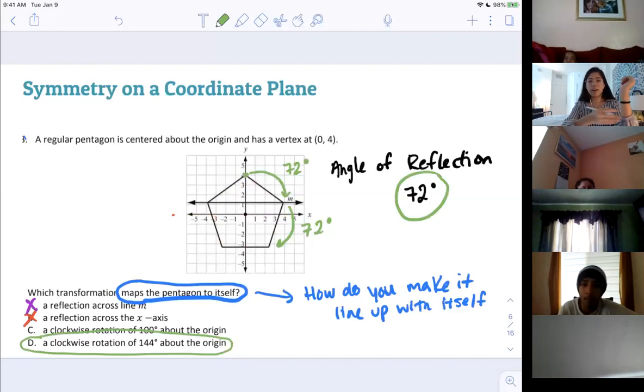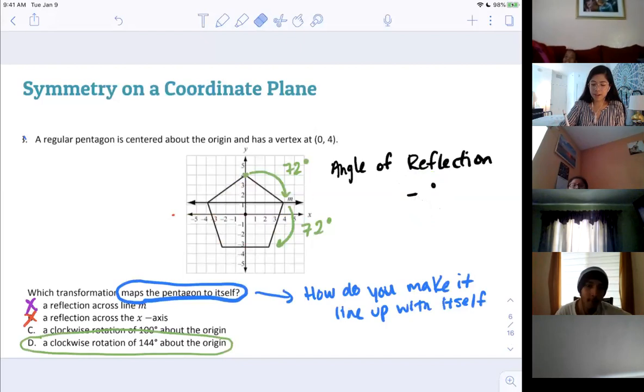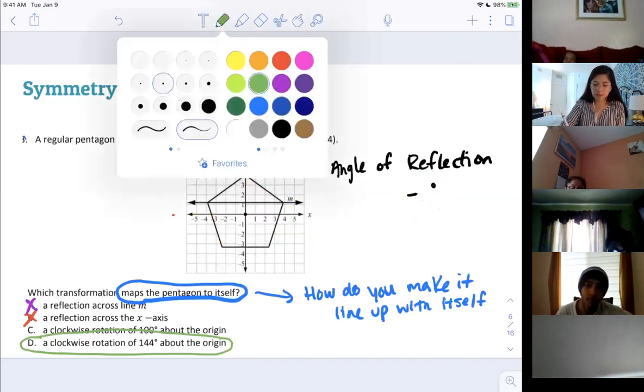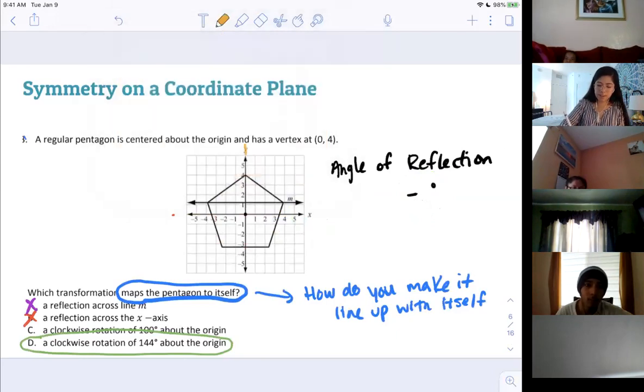Now, I know Eric mentioned it in the chat, right? A reflection over the x-axis will not make it line up, but if one of the answer choices had been a reflection over the y-axis, so if we were looking at this line of symmetry, would that line up? Yes or no?